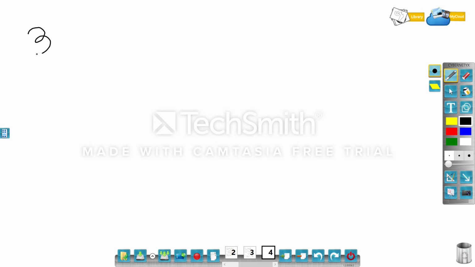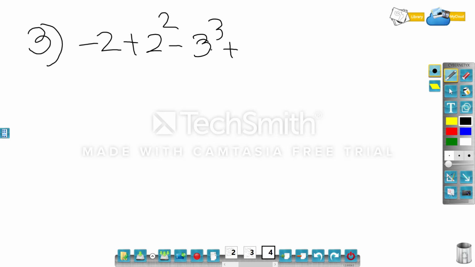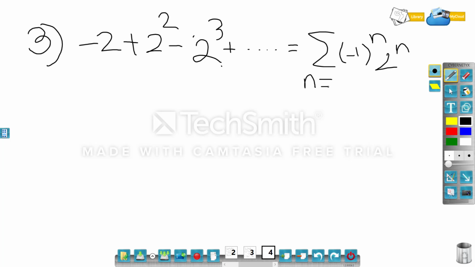There's one more example, the third example: minus 2 plus 2 square minus 2 cube plus ..., which is the same as summation (minus 1) raised to n, 2 raised to n, and n will run from 1 to infinity.